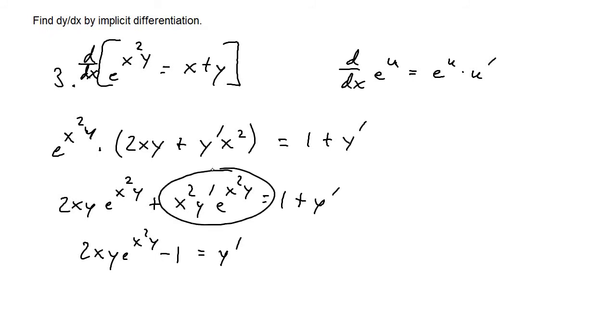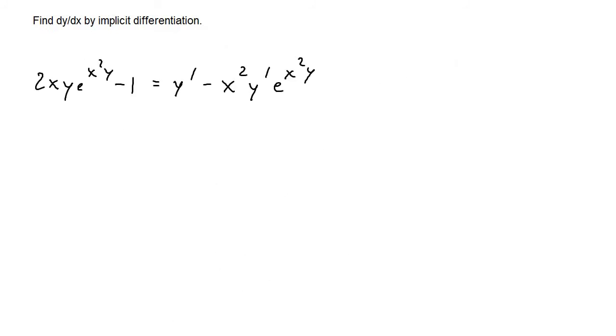I'm going to subtract this term. Once again, I'm doing this because I'm trying to get y primes all on one side of the equation, so I can isolate minus x squared y prime e to the x squared y. So now what I need to do is go ahead and factor out y prime from the right side of the equation. So I'm just going to go ahead and rewrite the left side. 2xy e to the x squared y minus 1 equals y prime times 1 minus x squared e to the x squared y.